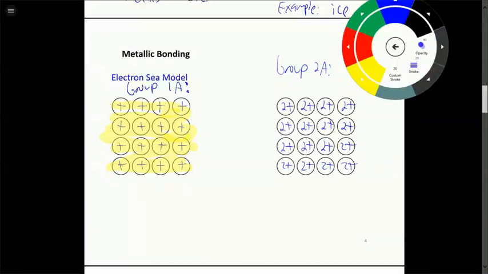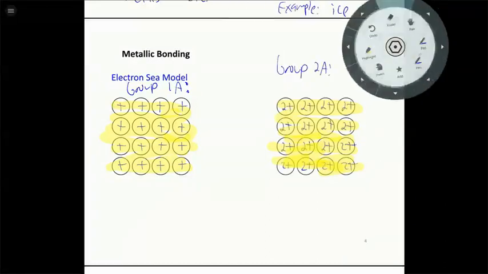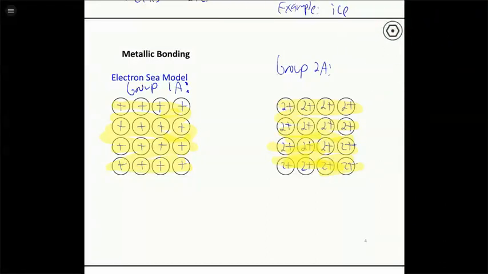Again, this smear of electron density is where the valence electrons are delocalized over all the atoms and not precisely localized in any one particular atom in the structure.